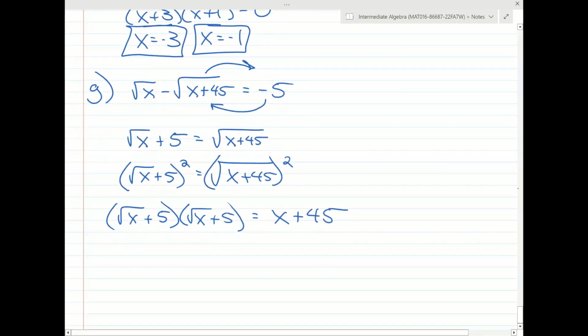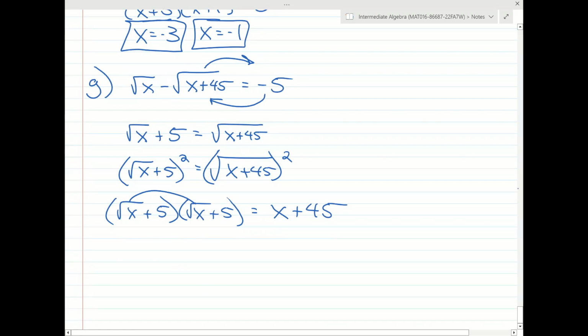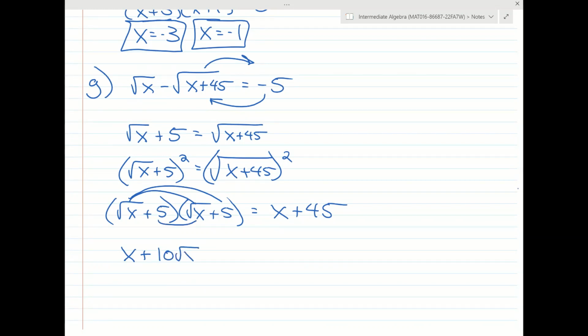If we multiply these, this will be the square root of x squared, or just x, plus 5 root x plus 5 root x plus 25 equals x plus 45.